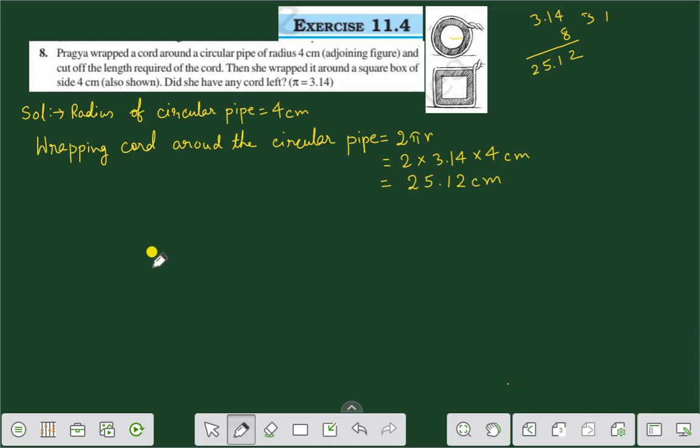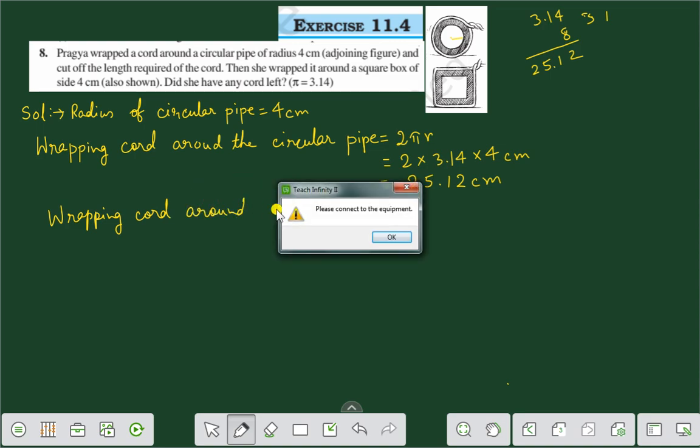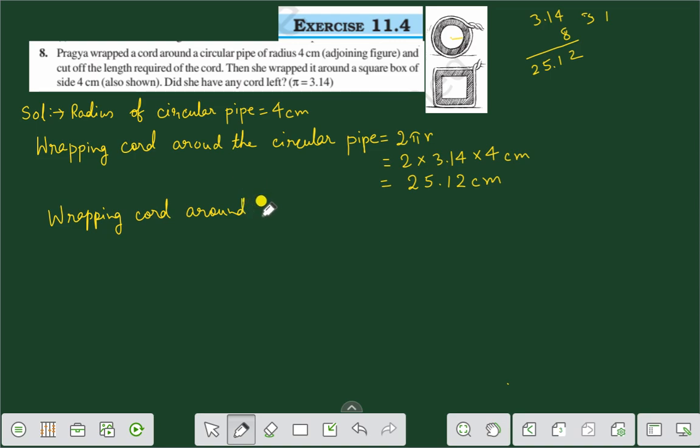So wrapping the cord around the square means the perimeter: this side plus this side plus this side plus this side, or you can say 4 into L, that is 4 into the length of the side.